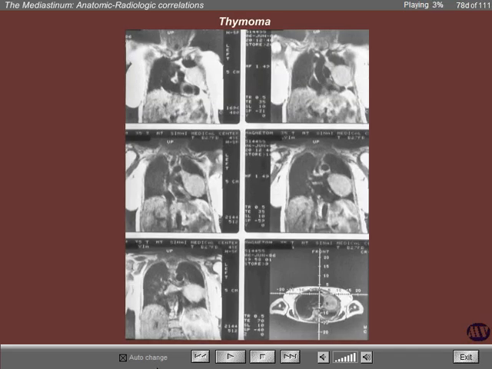These are 6 images of a thymoma studied by coronal section. The first 5 are coronal, and the bottom right is an axial view. Note the well-circumscribed mass, which projects next to the heart, occupying the middle segment of the left heart border. This is an MR study of the previous case of a benign thymic tumor, a thymoma.